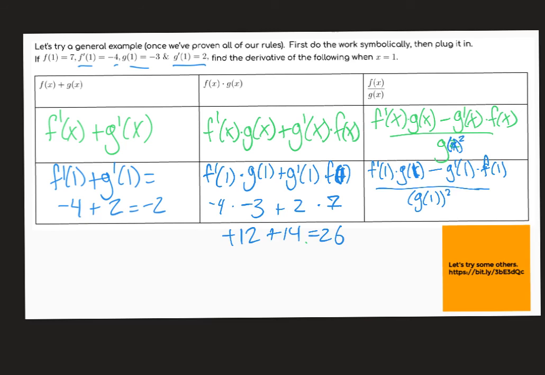When we do that, so f prime of 1 times g of 1, oh, those are the same things we just had in the previous problem. That's wacky. So I'm going to say this is just going to be 12 minus 14 on top. That's awesome. And then g of 1 is going to be negative 3. 12 minus 14 is negative 2. Over negative 3 times negative 3, we get negative 2 over positive 9. Nice.